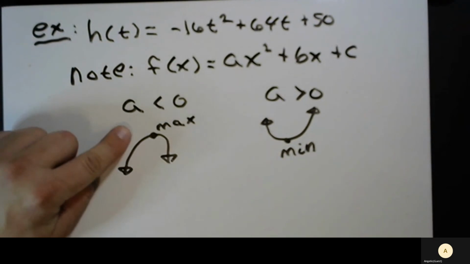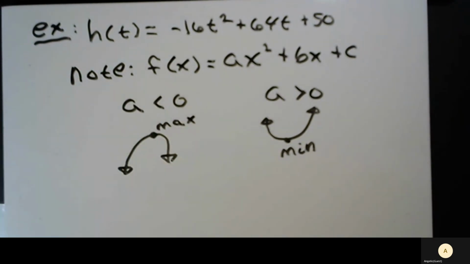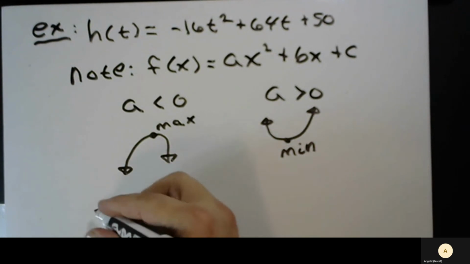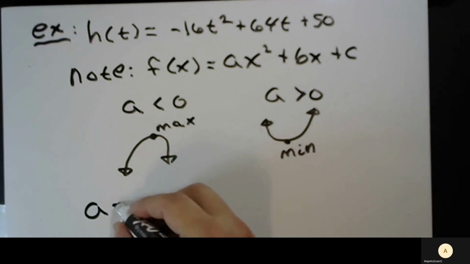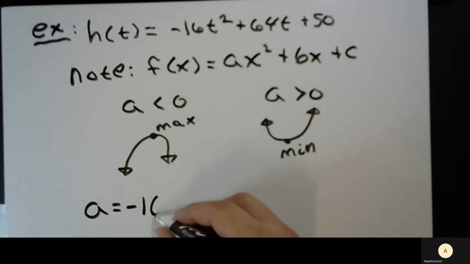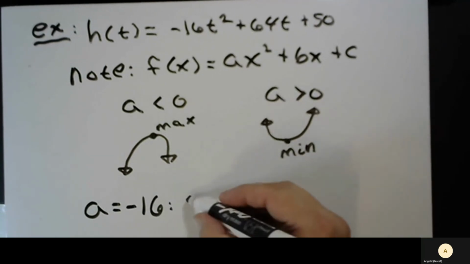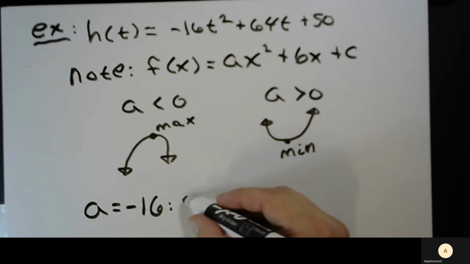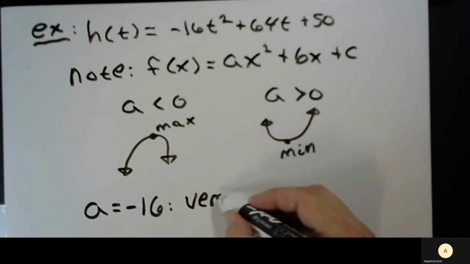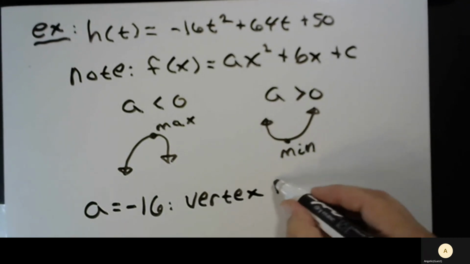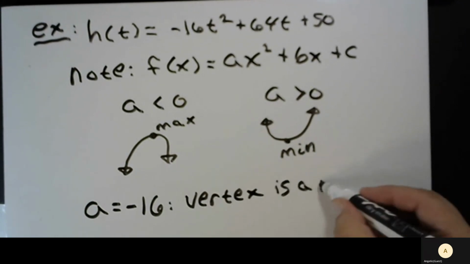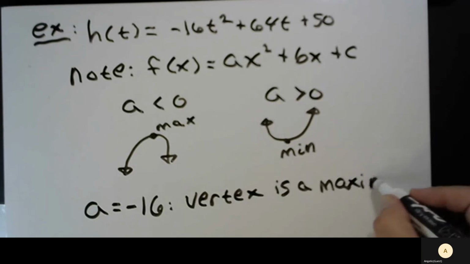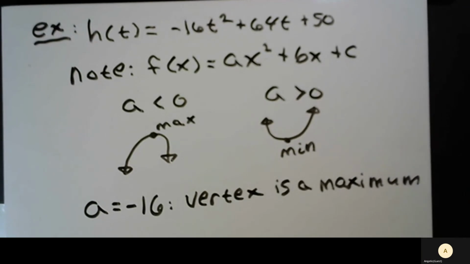That means the vertex is definitely going to represent a maximum. So the vertex will give us the maximum.